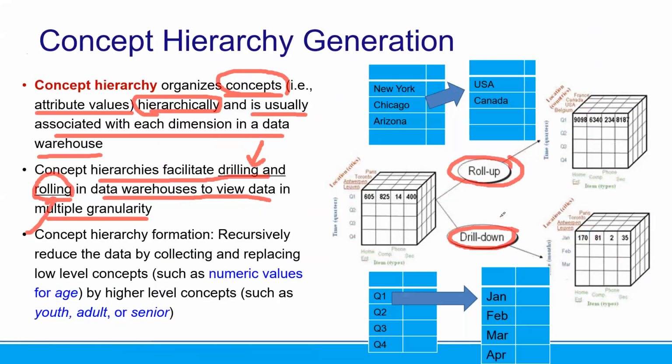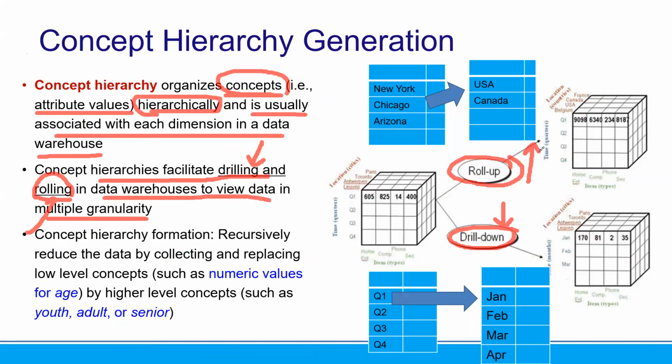What is the meaning? Drill down, roll up. Based on these words, we can see, for example, we have the data Q1. So I want to drill down. I want to make it in detail. So I can make January, February marks as the representative of the Q1. So I want to drill down. Or I can roll up.